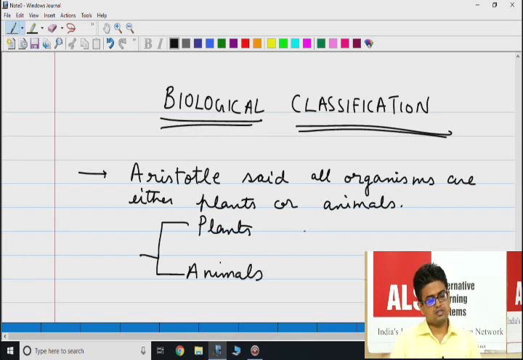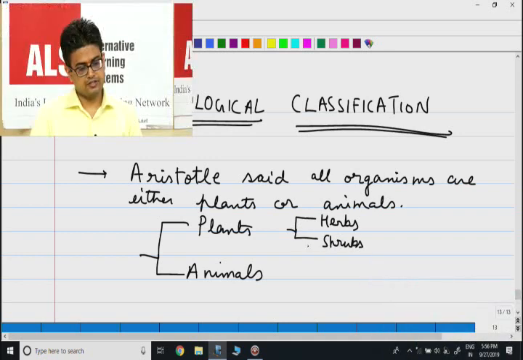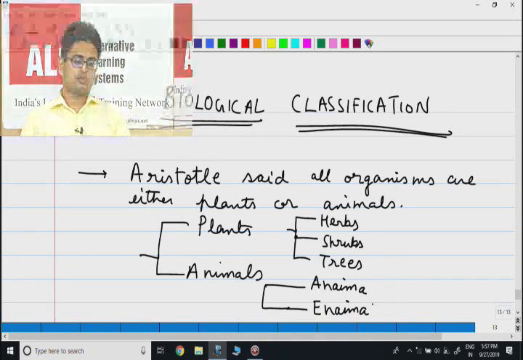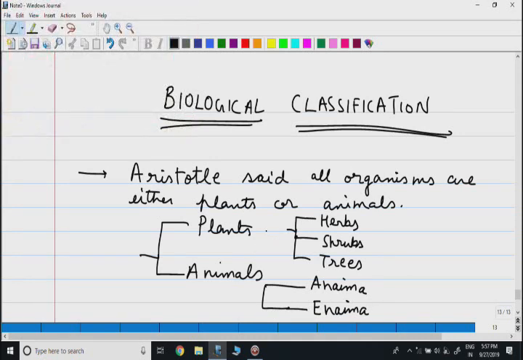And plants are classified into three groups: herbs, shrubs, and trees. Animals are classified into Anaima and Enaima. Okay.